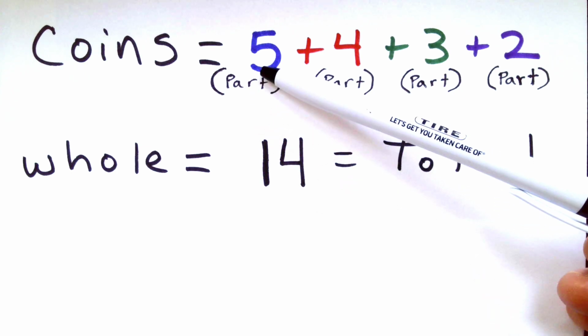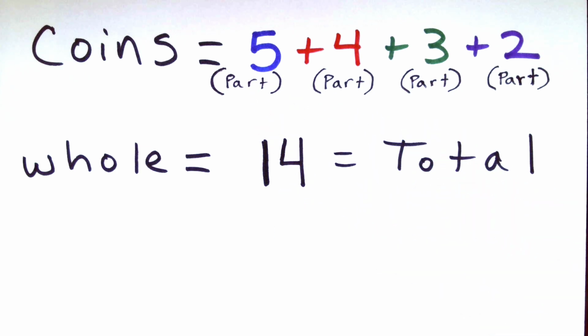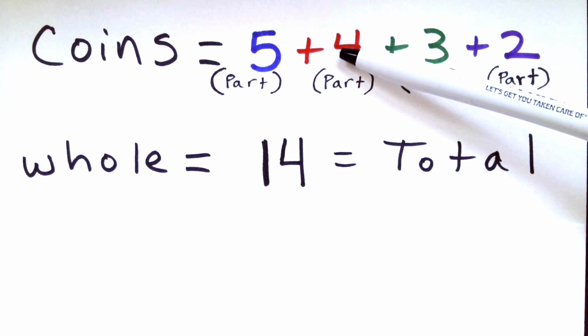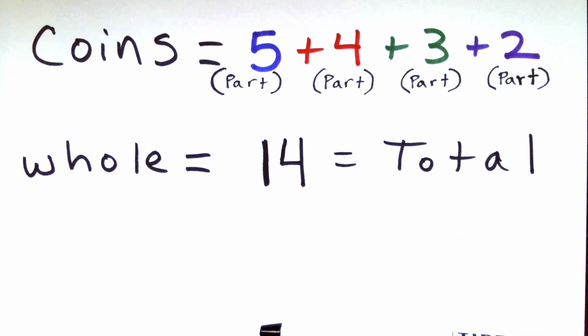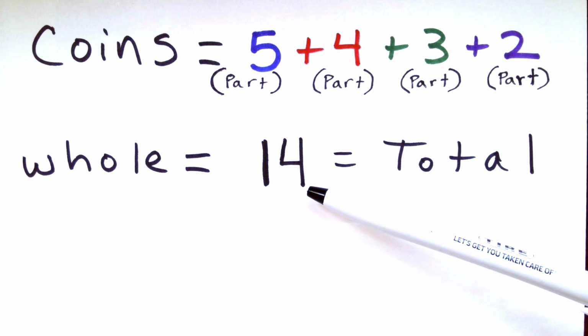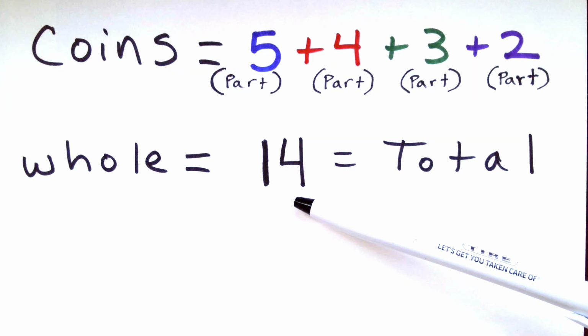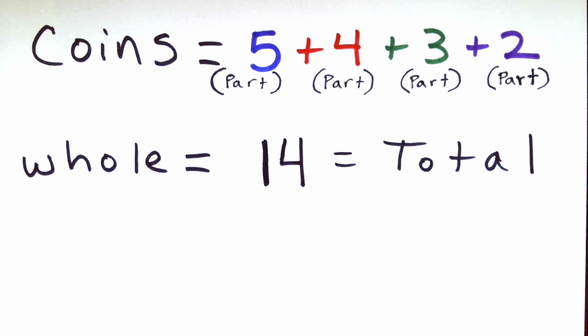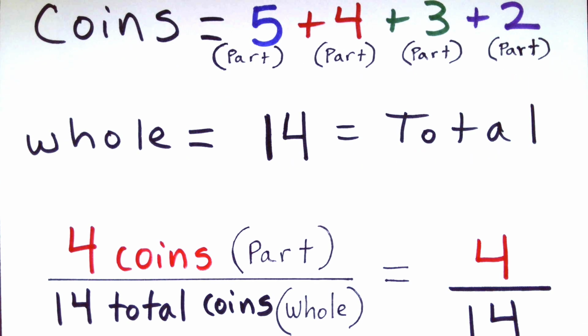So I have 5 out of 14 blue coins, 4 out of 14 red coins, 3 out of 14 green coins, and 2 out of a total or a whole of 14 coins. All right, hopefully this is starting to make a little bit of sense.